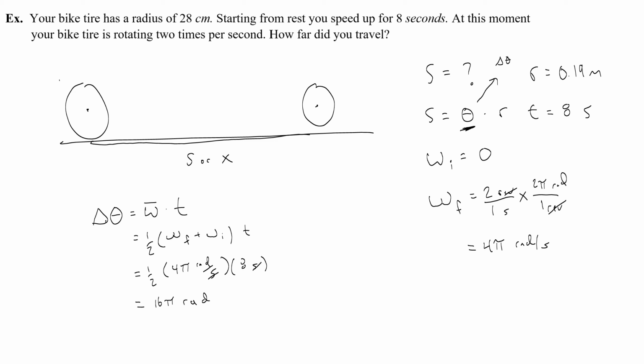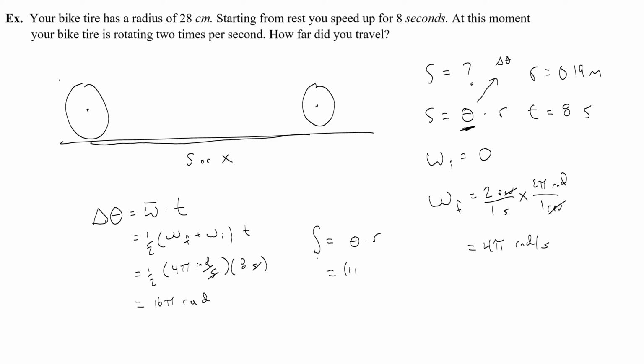And you can leave it in 16 pi radians if you want. You can also get a number. 16 pi radians will give us a number at some point. But we are going to use it to find the arc length, S, which is going to be our change of theta, delta theta, times r, which, again, delta theta and theta are somewhat interchangeable because you're just saying that theta is the change of your angle.